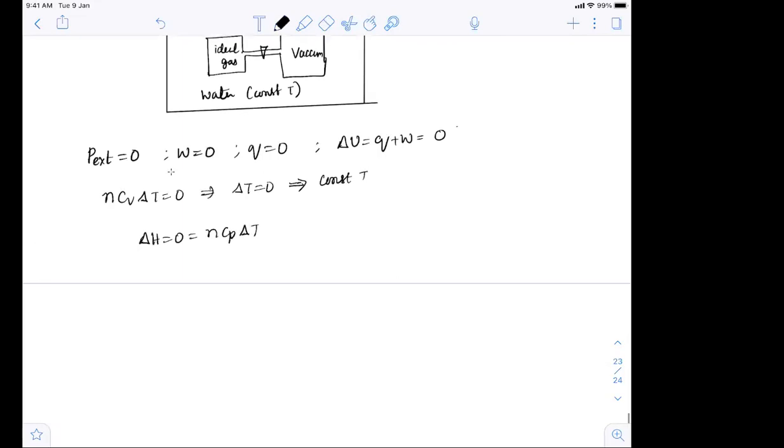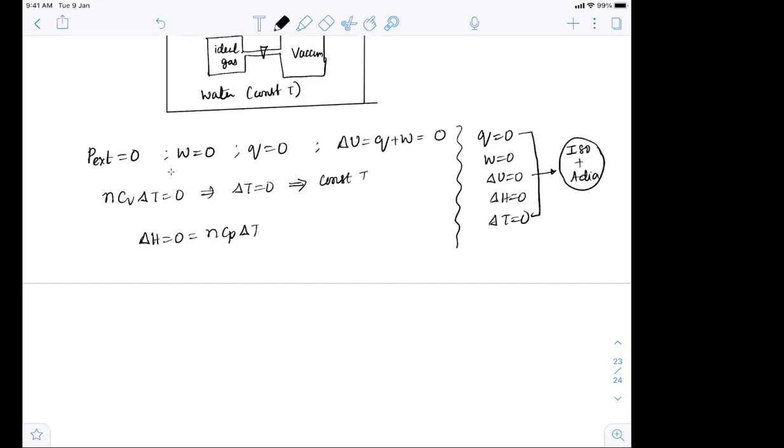So it is such kind of a process where almost everything remains 0: Q, W, delta U, delta H, and delta T. If you see the first one and the last one, what does this imply? The first one and the last one tell us that this is an isothermal process as well as an adiabatic process.